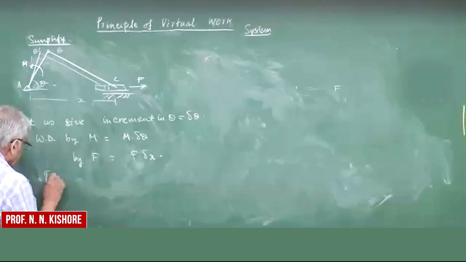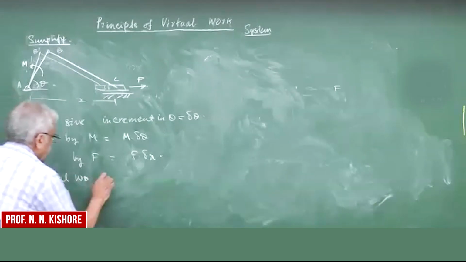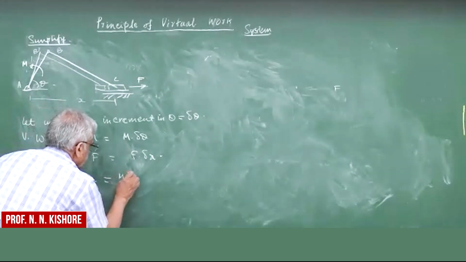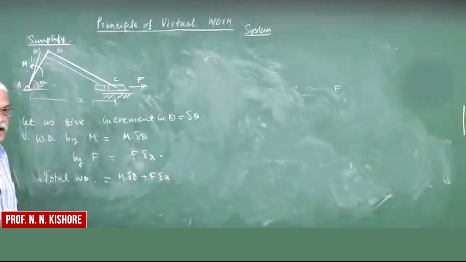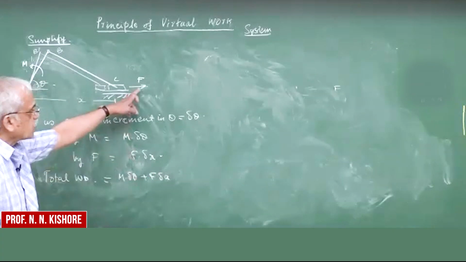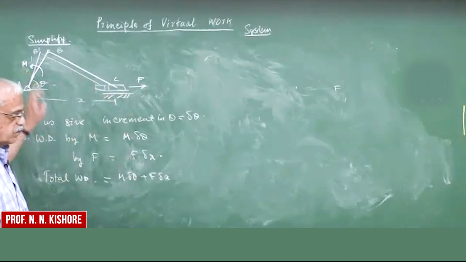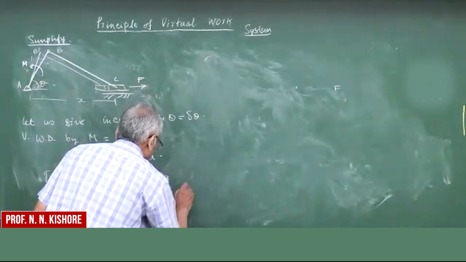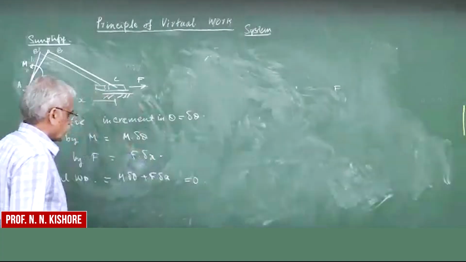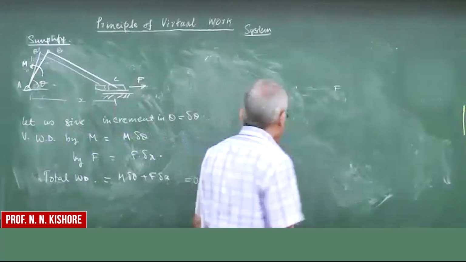So the total work, this is the virtual work, is M delta theta plus F delta X. We would like to find out what F is required to counteract this moment M. According to the principle, this total work done is 0. So what we require is X and theta.